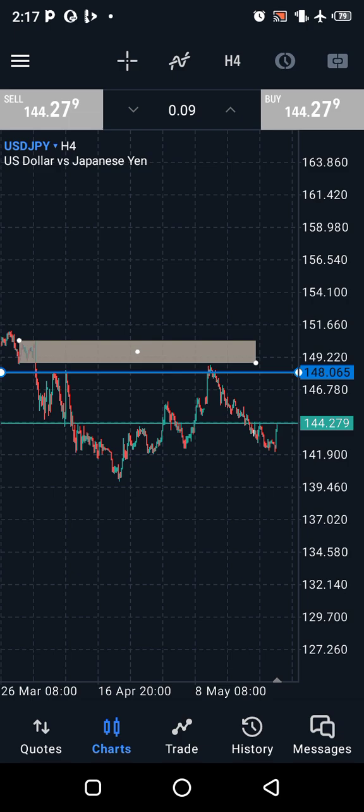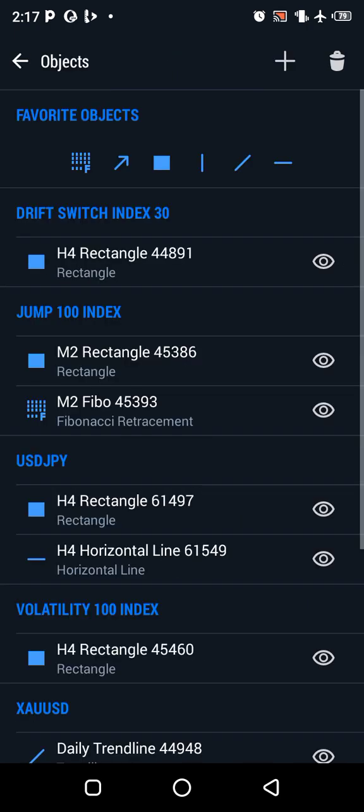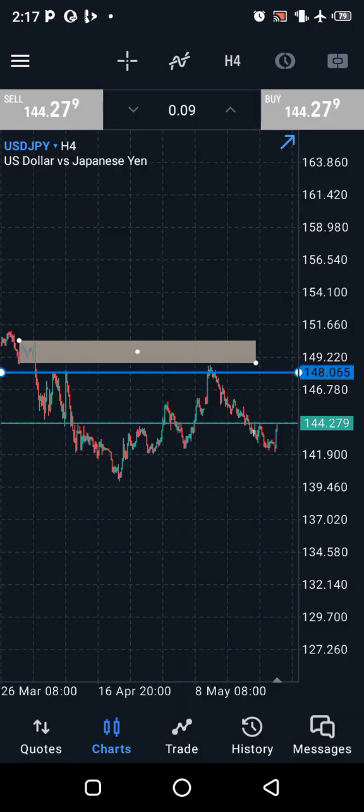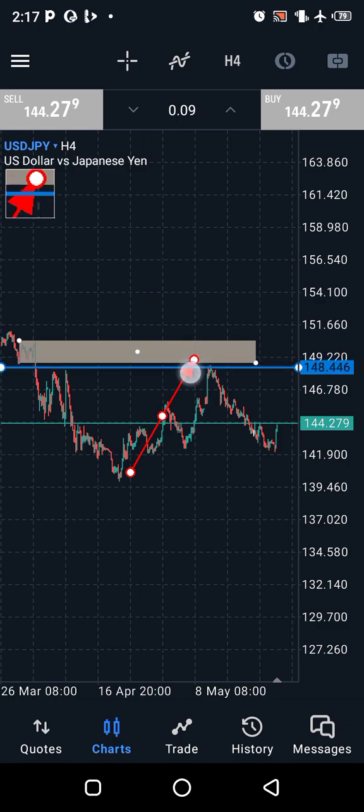So market has broken this. First of all, market broke this key level, and then we looked for a very significant zone, which was a drop base drop, right? So after market broke the key level, it then went towards our shadow area.